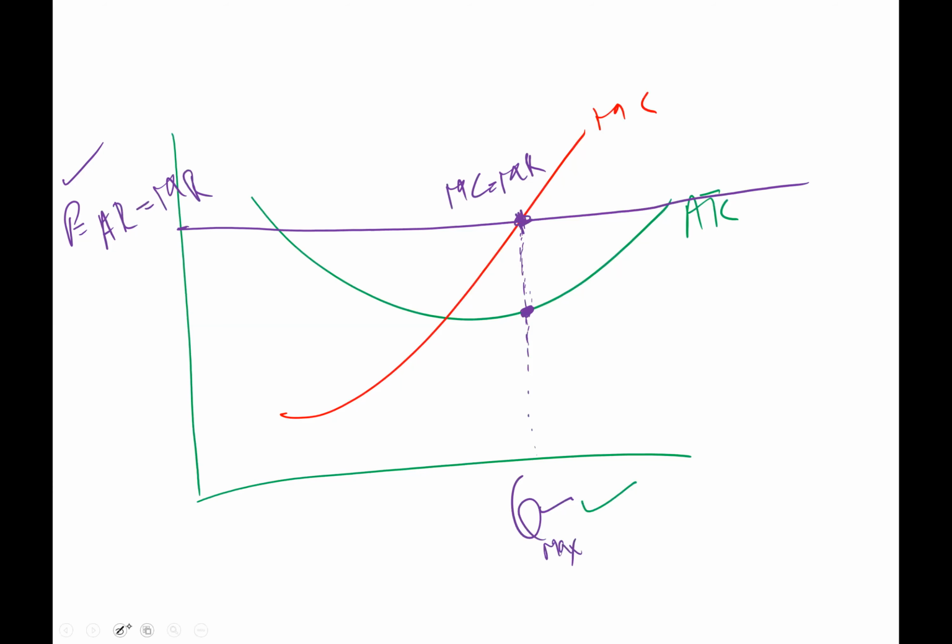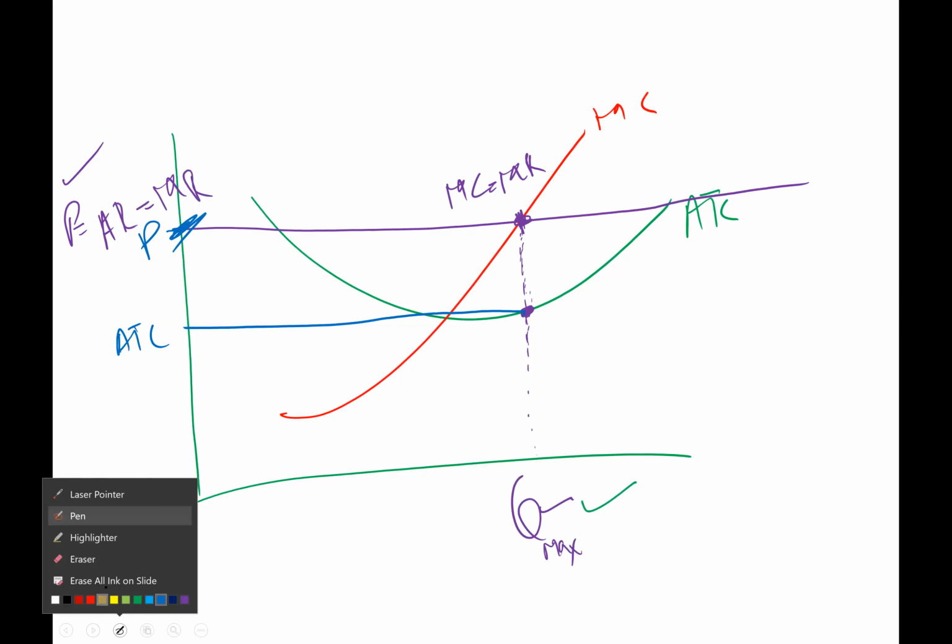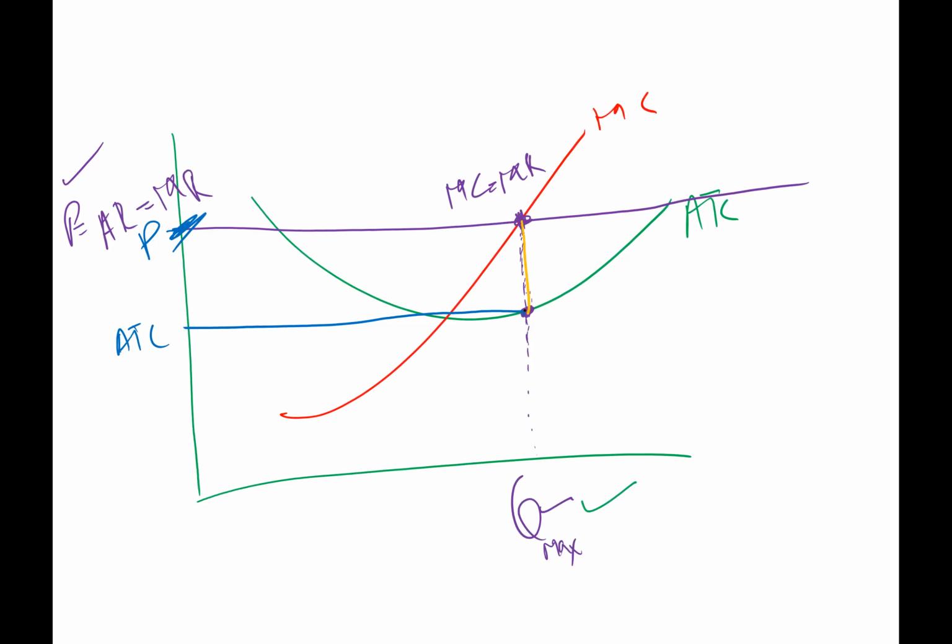The market price is on the price line, and how much it costs you, this is the cost. Then how much is the profit? Profit is if you connect all these rectangular areas here. So graphically, this total area here, you call this profit.